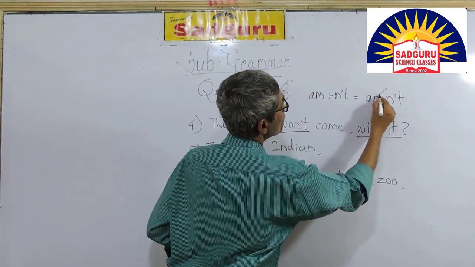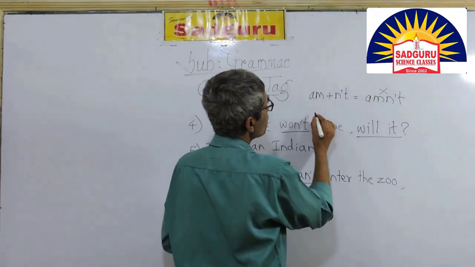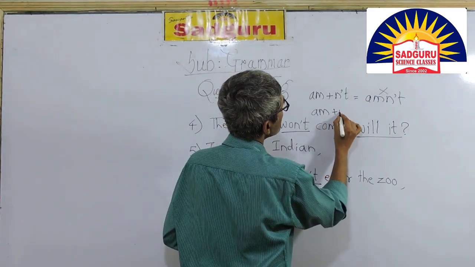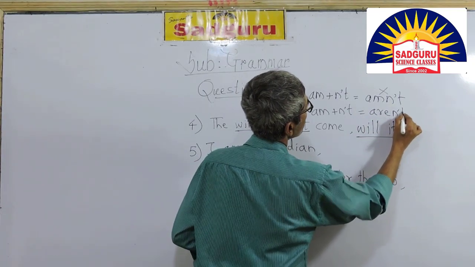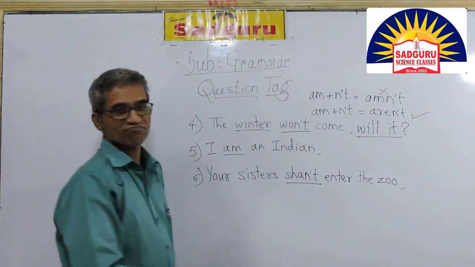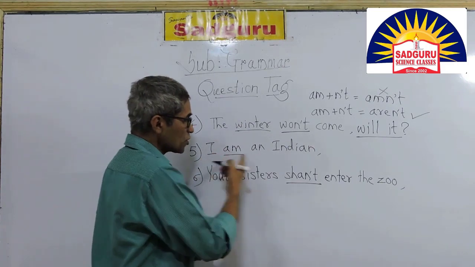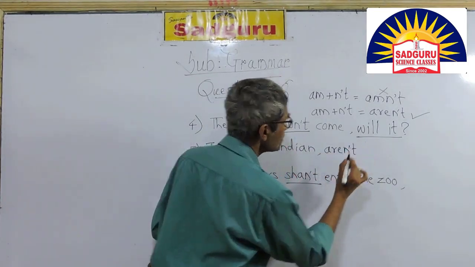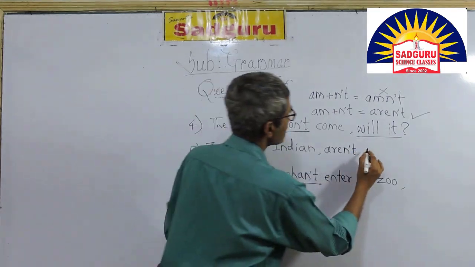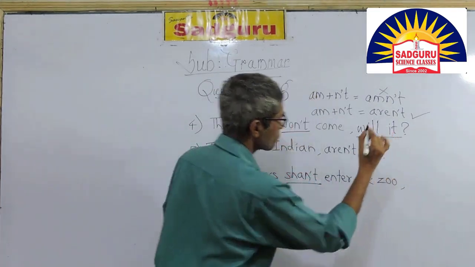But remember, this is wrong because am plus n't is aren't. This is right. So the question tag for this sentence is aren't I. Aren't I is the question tag.